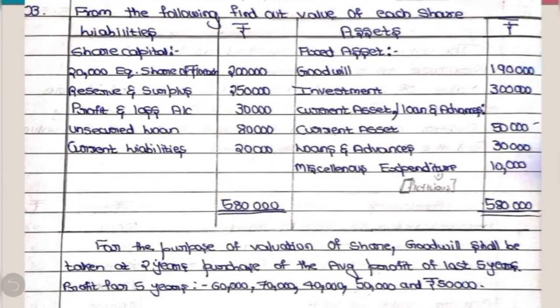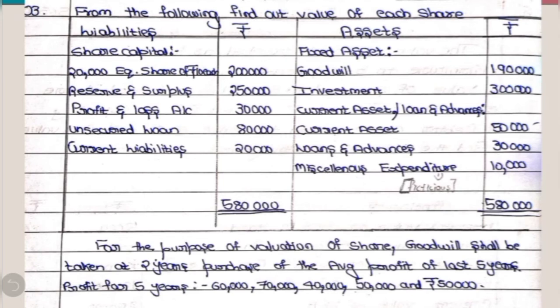Then let us take up one more question, third one. From the following, find out the value of share. Under the fixed asset, they have given goodwill, then investment, current assets and loans, current assets, loans and advances. Under that current assets 50,000, loans and advances 30,000, miscellaneous expenditure 10,000.